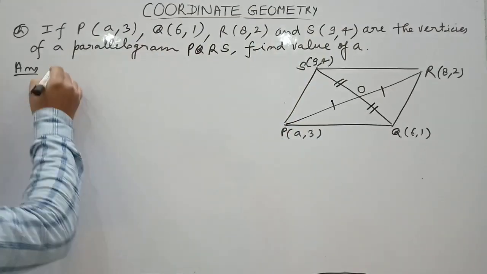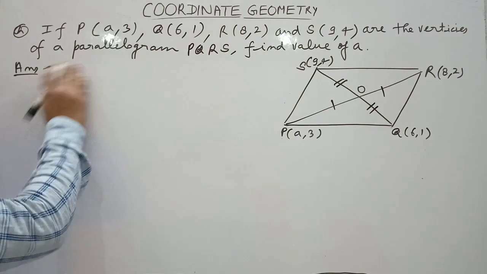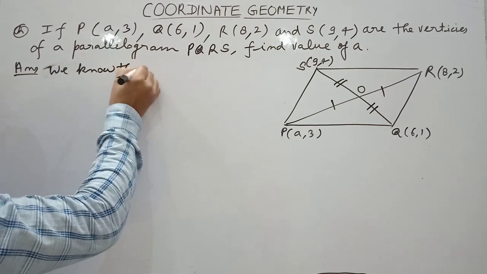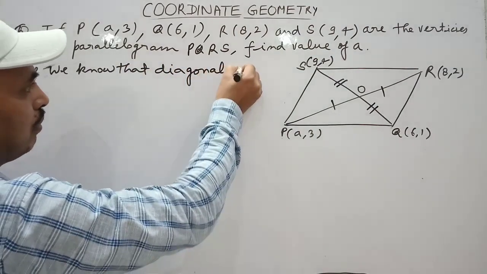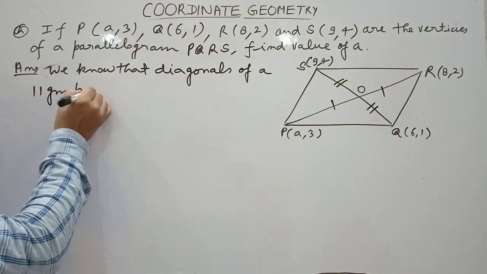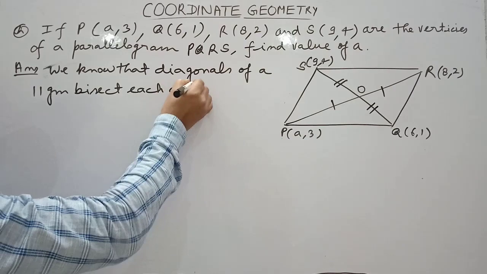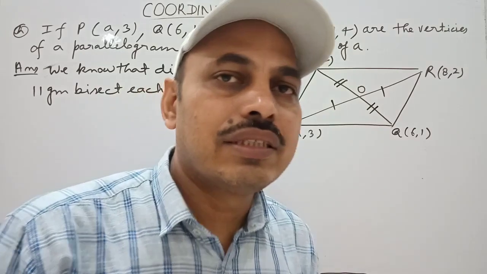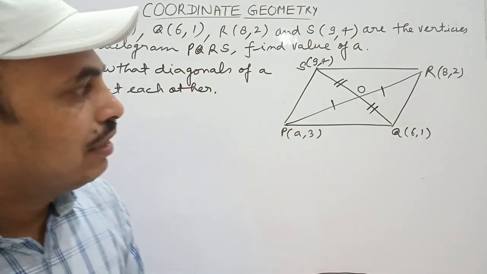So suppose we know that diagonals of a parallelogram bisect each other.